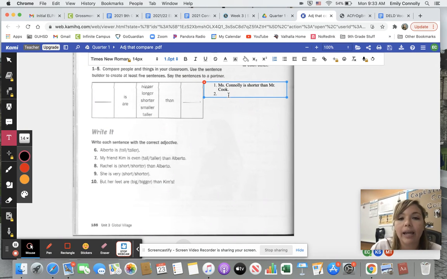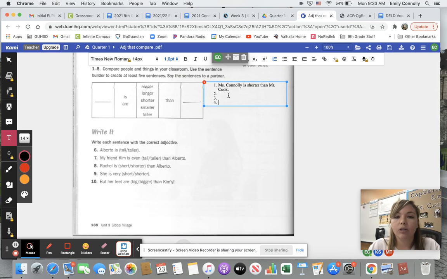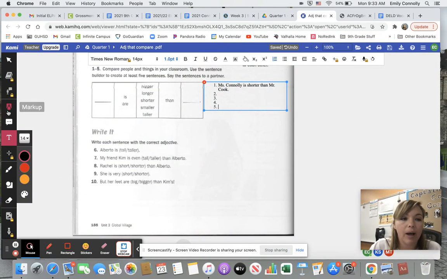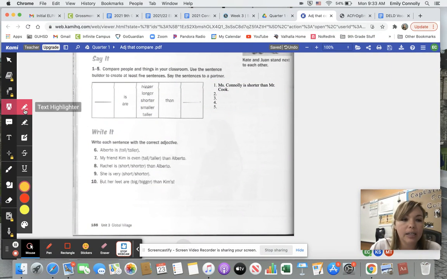Down here, we're going to circle the one that makes sense. So you need to write tres más, número dos, número tres, número cuatro, y número cinco that you make up. Down here, we're going to circle. So I can highlight which one I want, and I'm going to use orange.